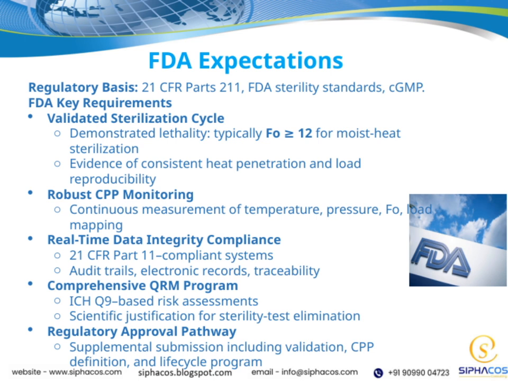Robust CPP monitoring is another critical aspect. Continuous measurement of temperature, pressure, and F0, as well as load mapping, helps us stay on top of process control. This real-time data allows us to quickly identify any deviations and make adjustments as needed.